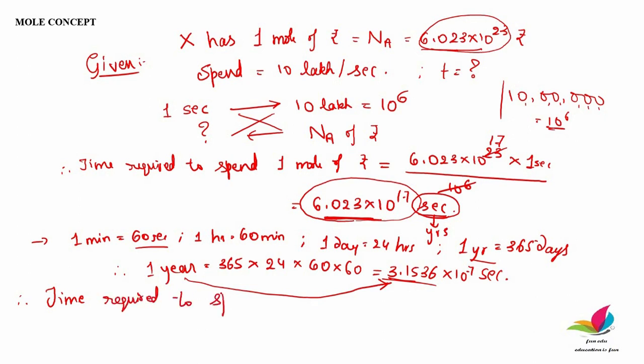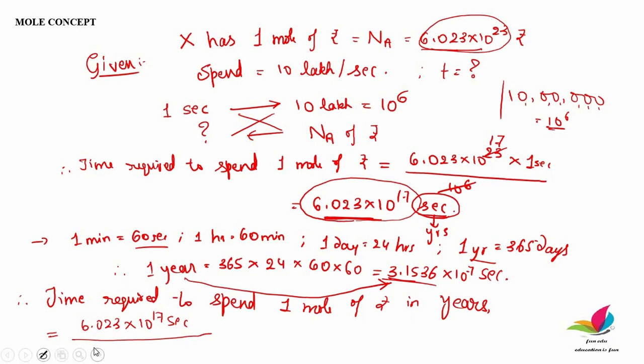Therefore the time required to spend 1 mole of rupees in years will be equal to 6.023 into 10 to the power 17 seconds divided by the seconds in 1 year, which is 3.1536 into 10 to the power 7.